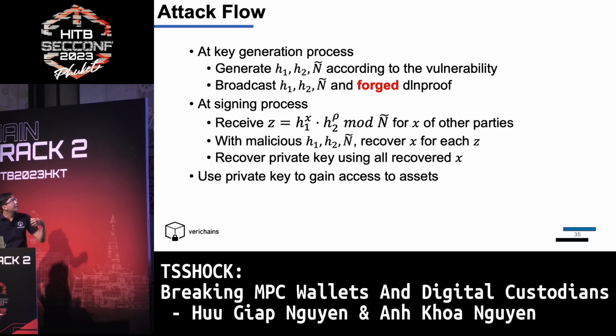Then at the signing process, as a malicious party, you will receive z equals h1 to the power of x multiplied by h2 to some rho, with x of other parties, right? And because you have malicious parameters, you can recover x for each z. In the protocol, if you have those secret values, you can combine them and recover the private key. The last step is that you use the private key to gain access to assets.